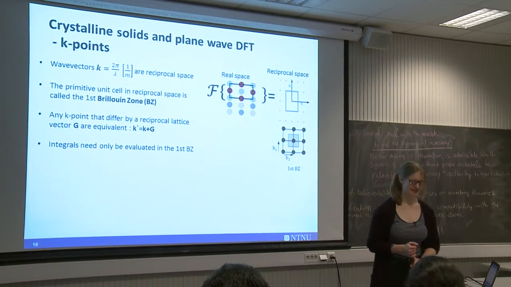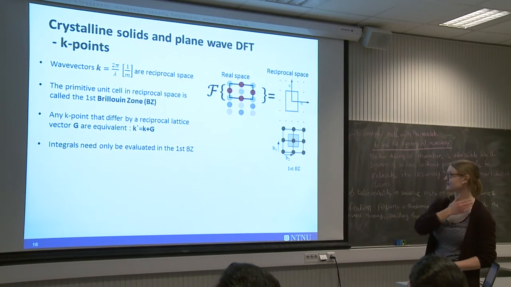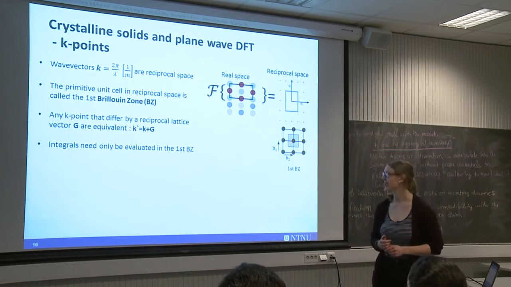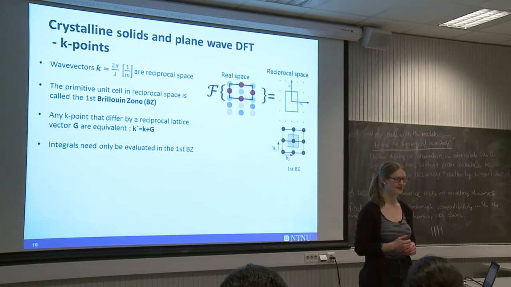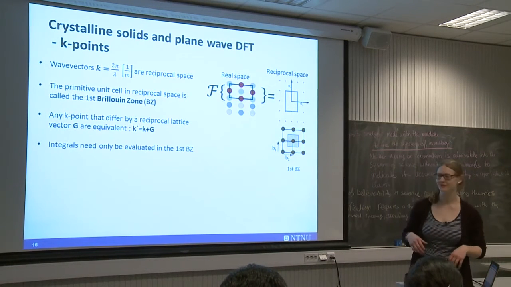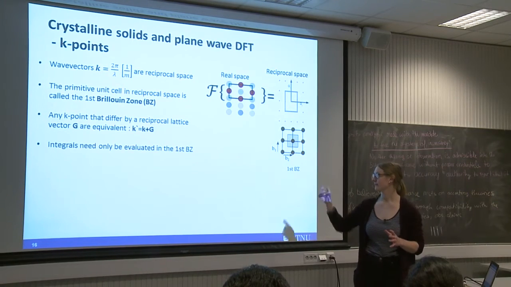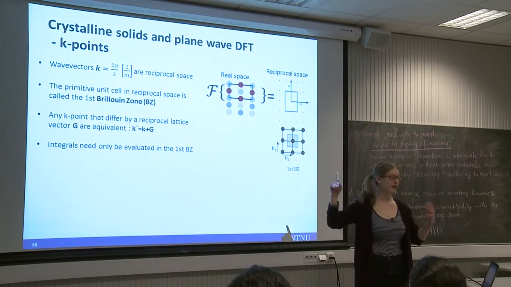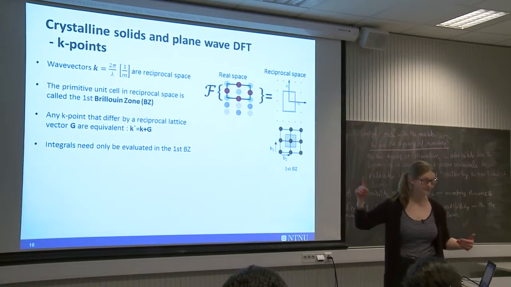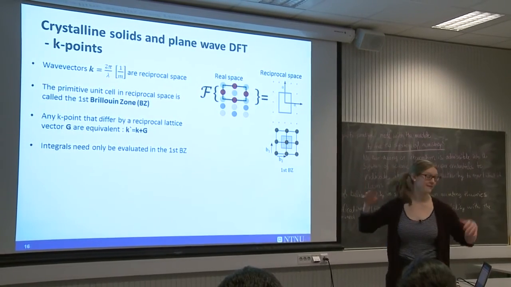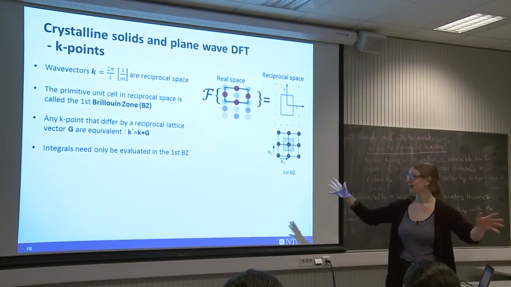Another important concept is K-point sampling. Again, we're in reciprocal space. You just have to have some sort of sense of what that is. Our plane wave vectors span the reciprocal space.